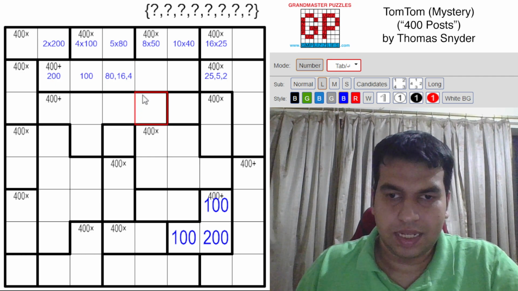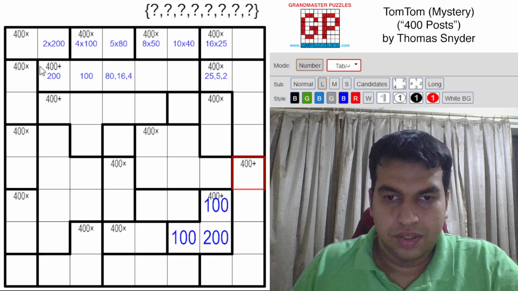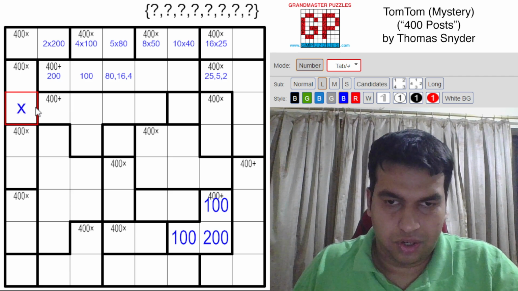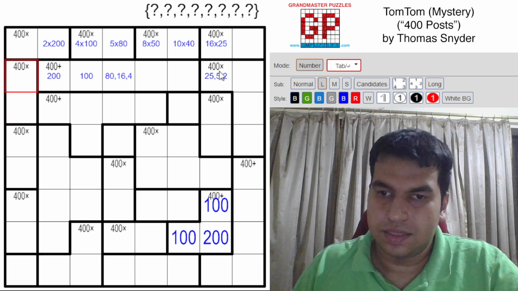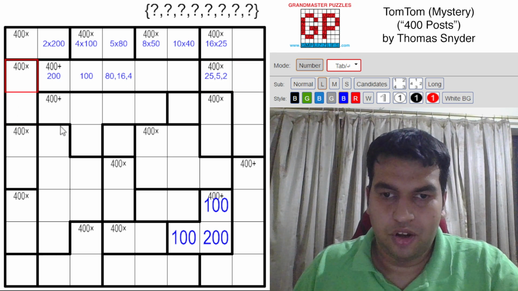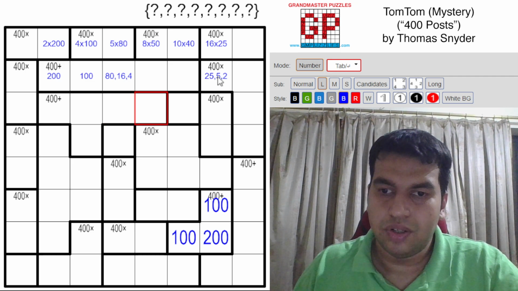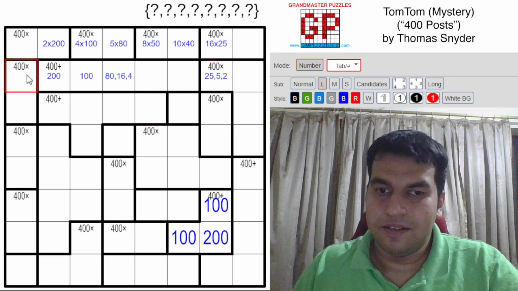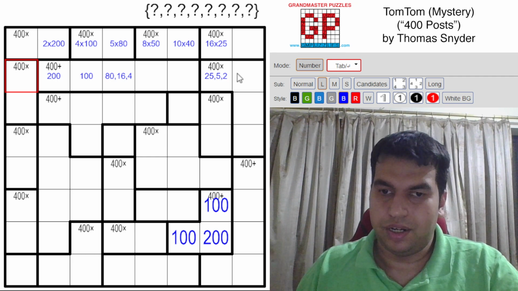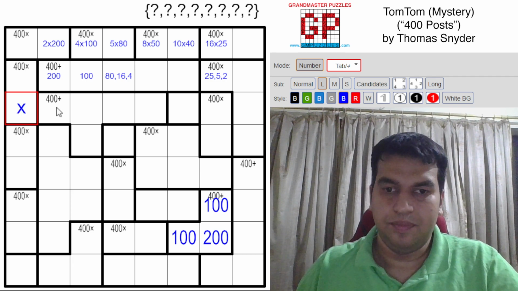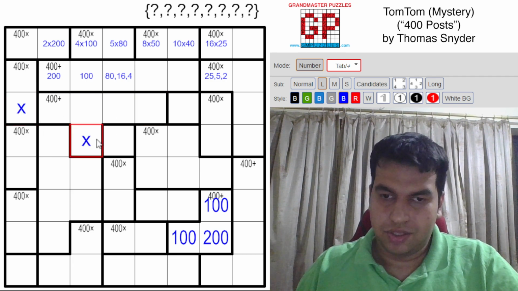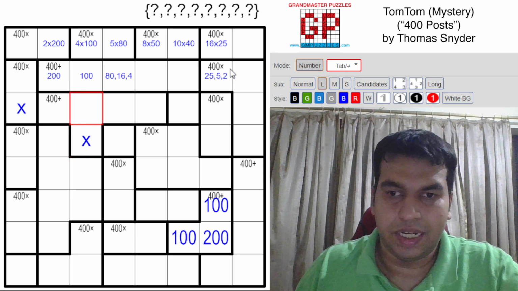So using that, I basically know that these five numbers are going to appear in this 400 as well as this 400. So that gives me a lot of markings for later on in the puzzle. So for instance, the numbers here will not be part of the 400, but they also are not by themselves a pair that will multiply to 400. So actually, one of the numbers from here would have to come here, and that would mean that it would also come here. So that's just a marking for later.